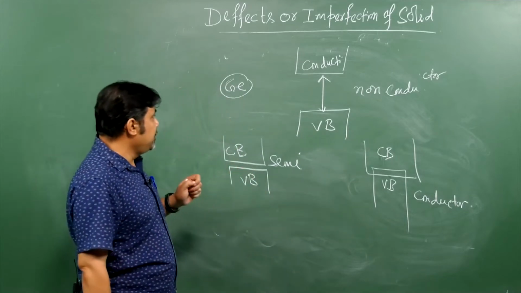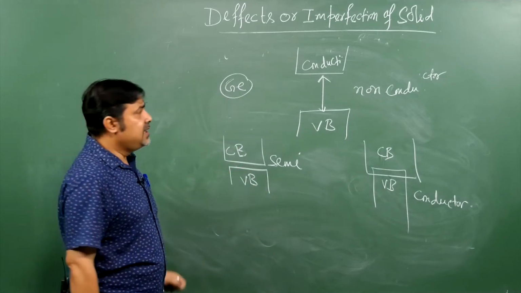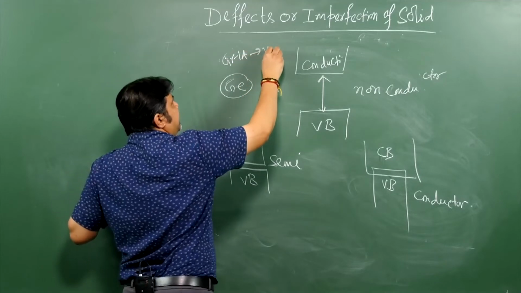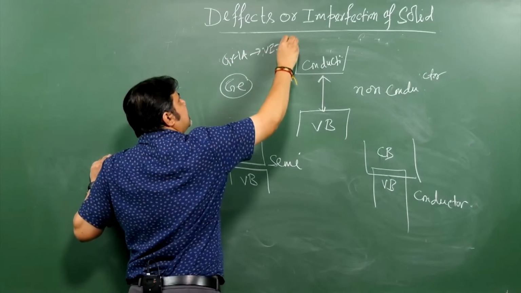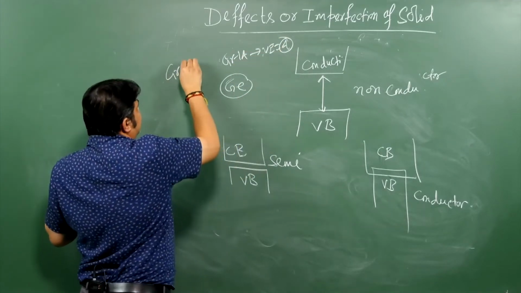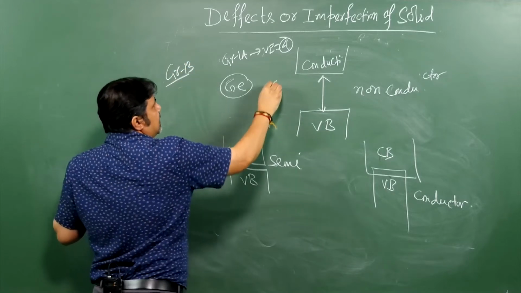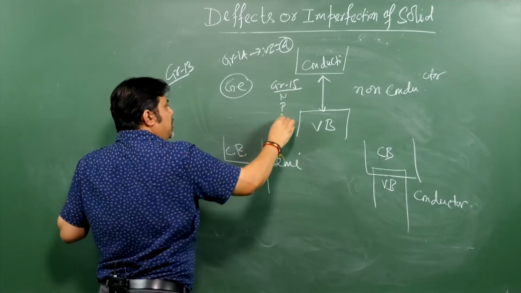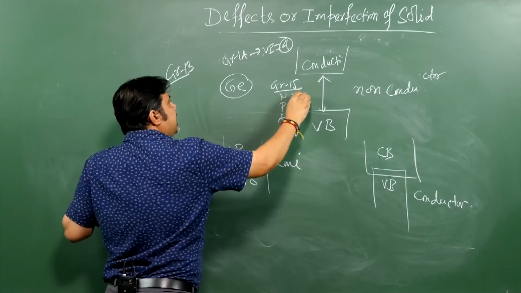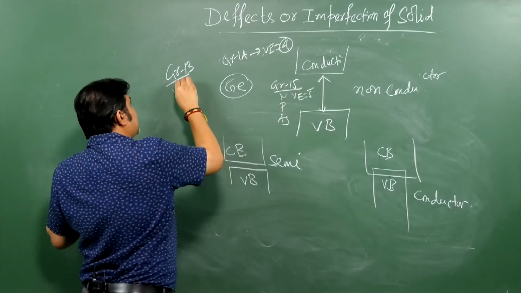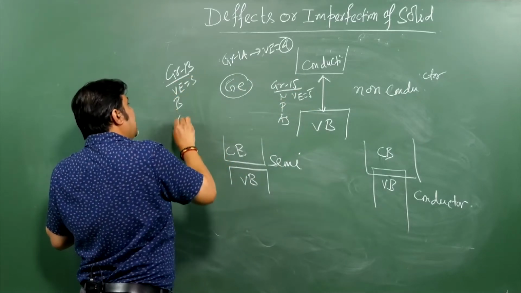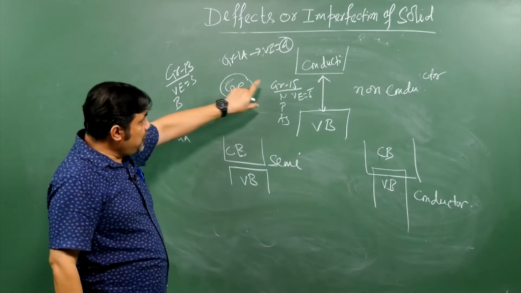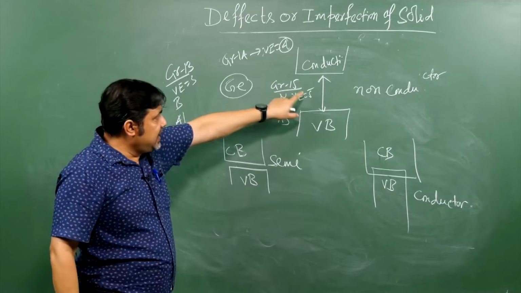Now the question is, germanium is a group 14 element, so how many valence electrons? 4 valence electrons. On this side is a group 13 element, and on the other side a group 15 element: nitrogen, phosphorus, arsenic, antimony, with 5 valence electrons, and here, boron, aluminium, gallium, indium, with 3 valence electrons. Now when you dope this group 14 element with a group 15 element, 1 extra electron will be there.